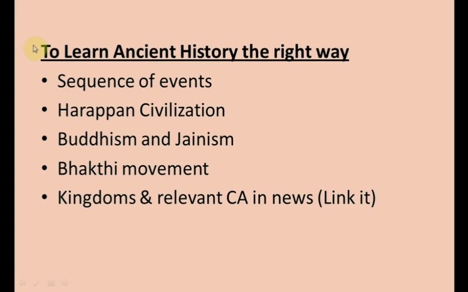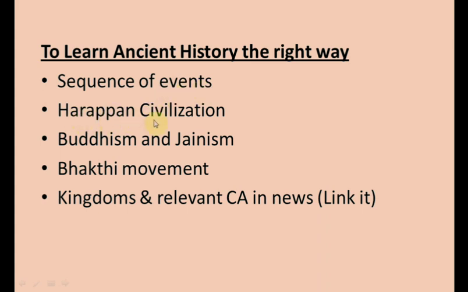So to learn ancient history the right way, you should know the sequence of events, like which happened first and which happened next, like the Vedic era and the Harappan civilization, or the Harappan civilization and the Vedic era, and the Mauryans. You should know the sequence in order to understand it better and logically solve the questions. If you know the sequence, you can even do elimination sometimes.